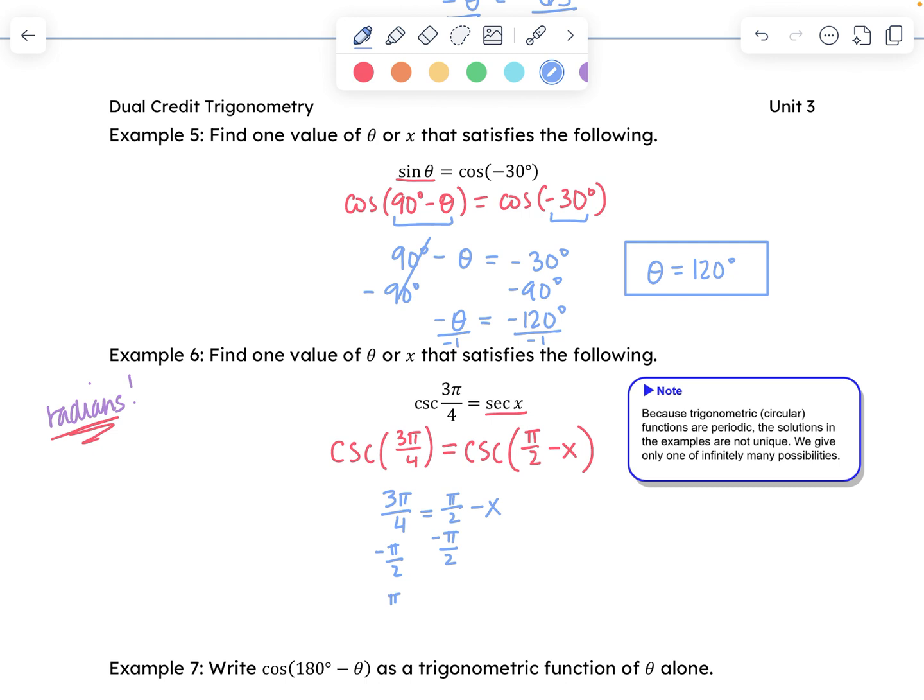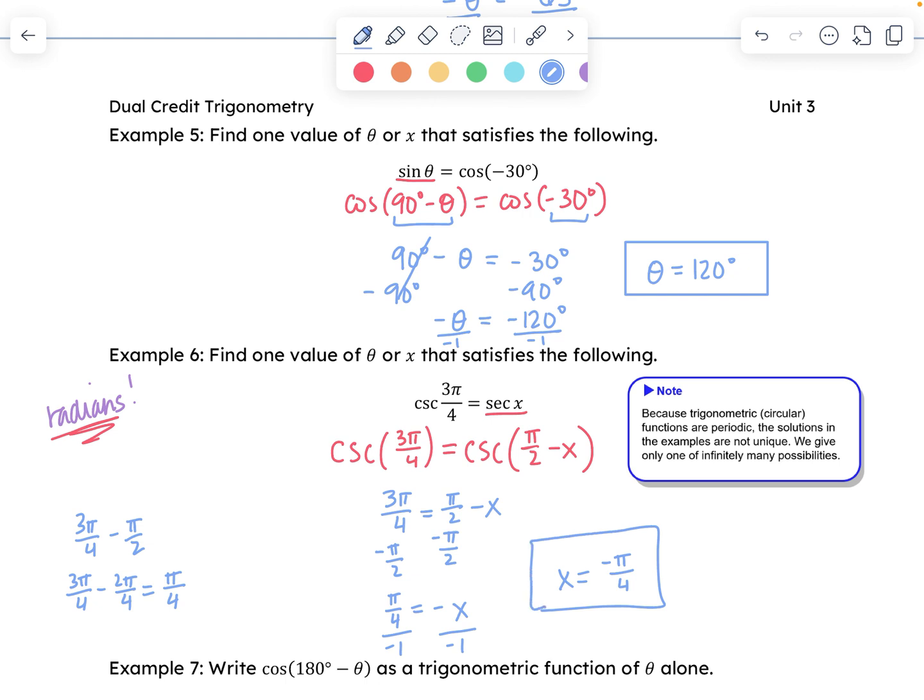That's going to give me pi over 4 is equal to negative x. Remember, we need a common denominator, so I can write that as 3 pi over 4 minus 2 pi over 4. And so that's how I'm getting pi over 4. 3 pi minus 2 pi is 1 pi. And then I just need to divide by negative 1. So x is equal to negative pi over 4.